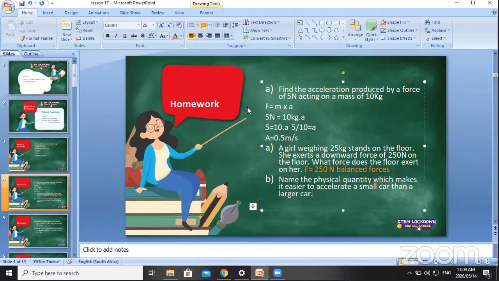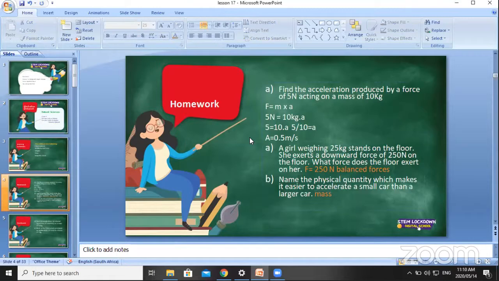So the answer is mass. The lighter the car, the faster it will move. The bigger the car, the less. If you're looking at the bus and the small car, the bus is always slower than the small car. I'm hoping my grade 9s are following.